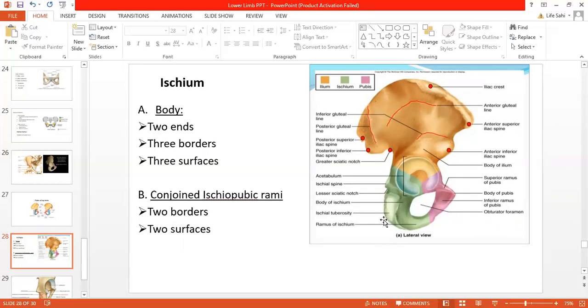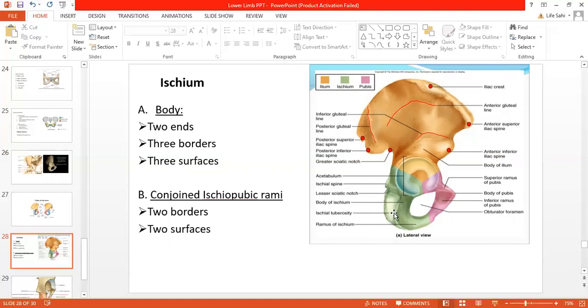The body of ischium has three borders. Anterior border, which forms the posterior border of the obturator foramen. So this whole upper part is the anterior border.